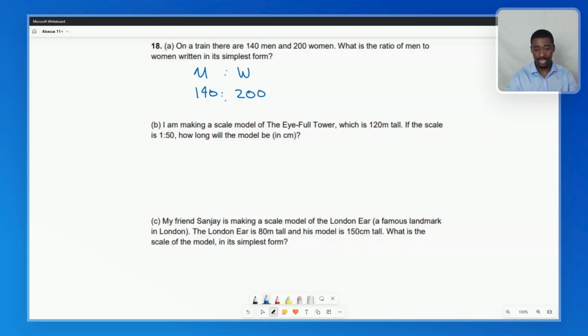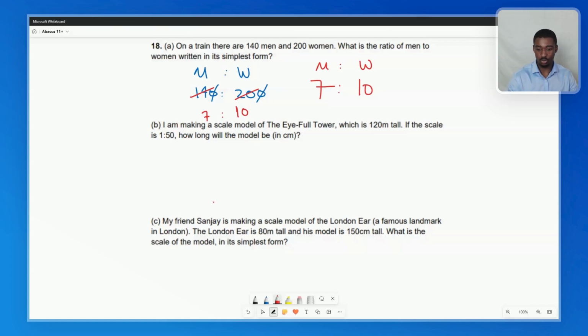So first of all, we can take out the common factor of 10, which gives us 14 out of 20. Then we can take out the common factor of 2, just like in fractions. And doing that, well, 2 times 7 is 14, and 2 times 10 is 20. So the ratio in its simplest form would be 7 to 10 men to women.